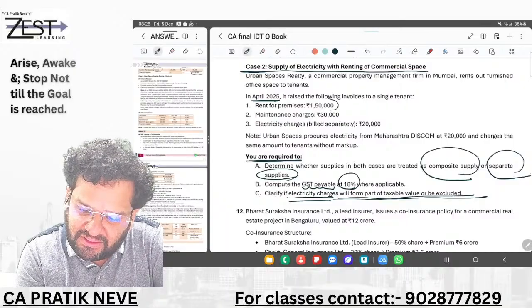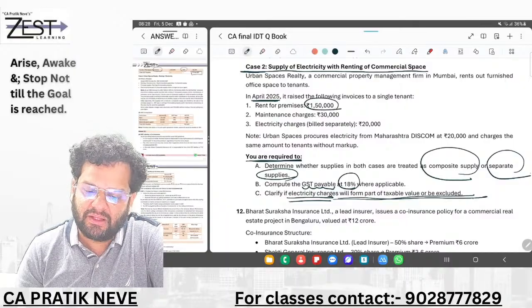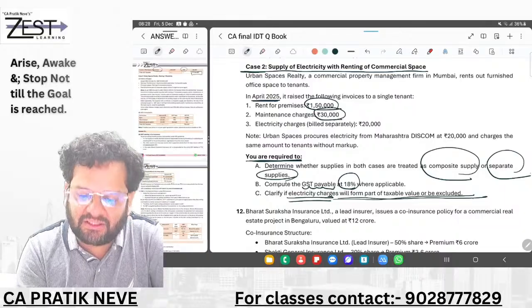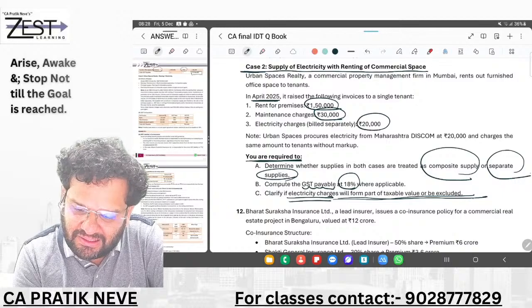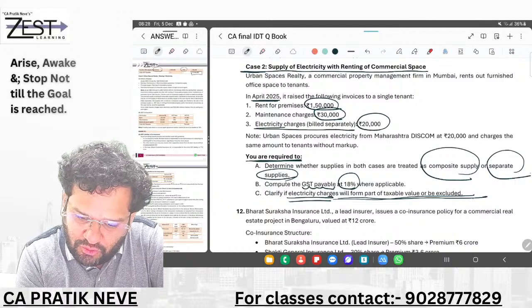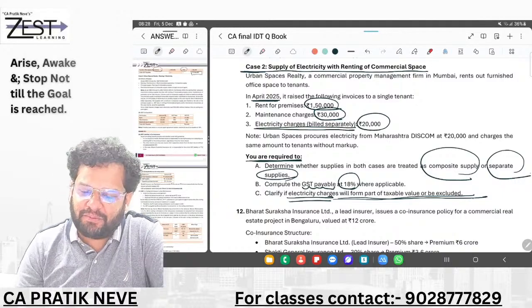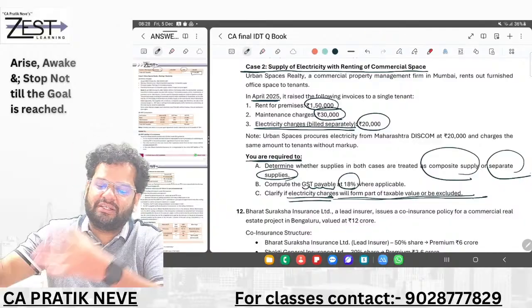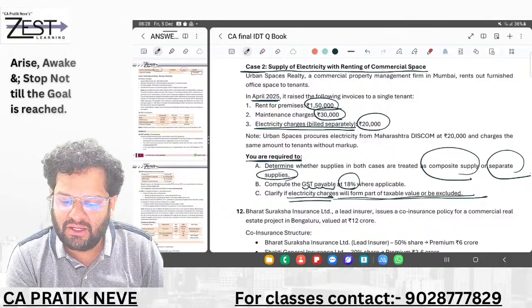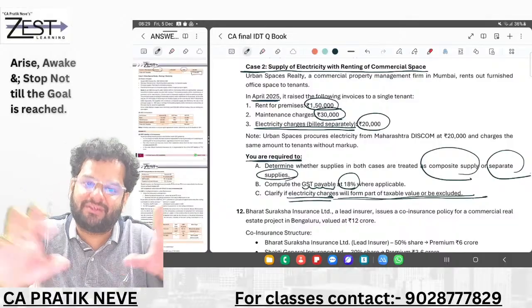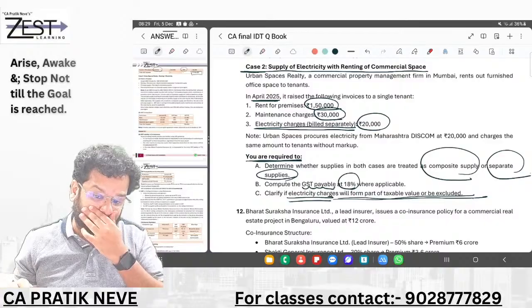Rent for premises is 1,50,000. Maintenance charges is 30,000. Electricity bill charged separately is 20,000. Urban Spaces, of course, procures electricity from Maharashtra Discom at 20,000 and charges the same amount to tenants without markup.